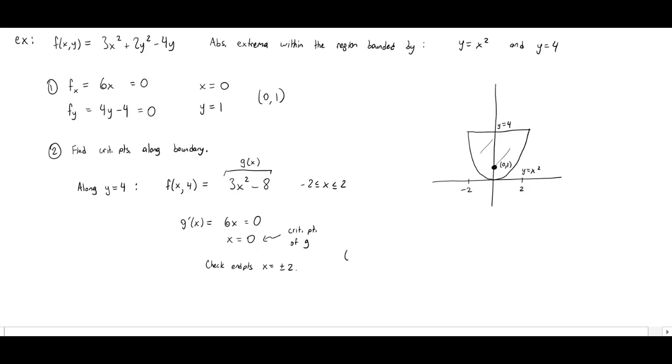When x is 0, and here we were doing everything along the line segment y equals 4, so the y coordinate is 4. Then I also have the point (2, 4) and the point (negative 2, 4) to consider. So I'll label those in my picture up here: (negative 2, 4), (0, 4), and (2, 4). That's 3 points that I'm going to need to check later.